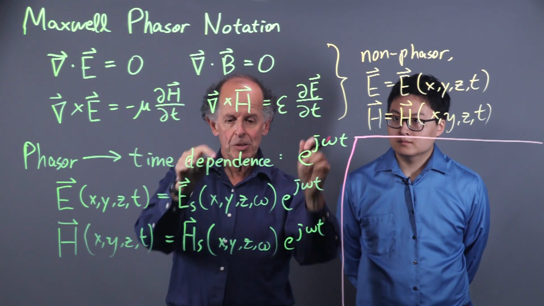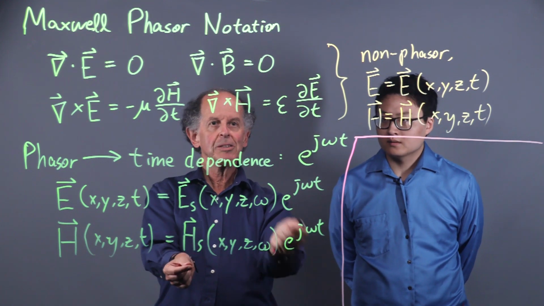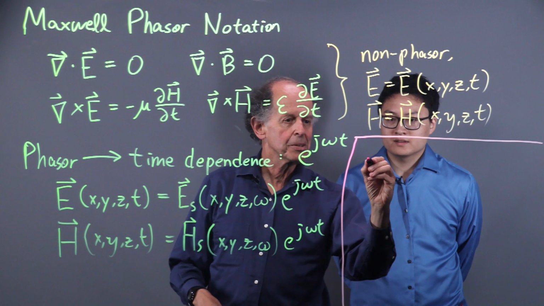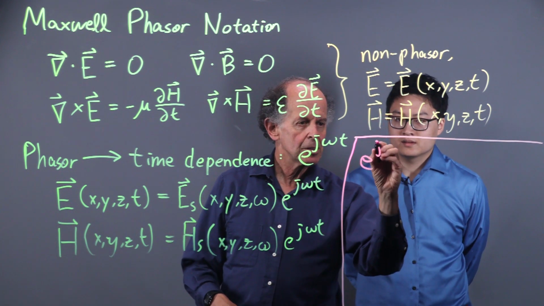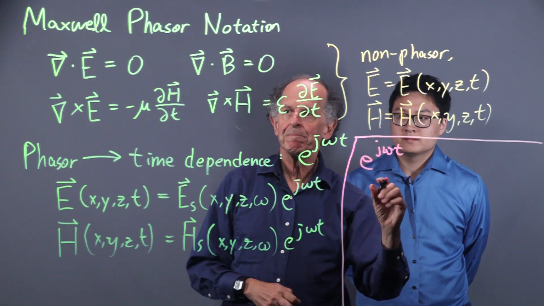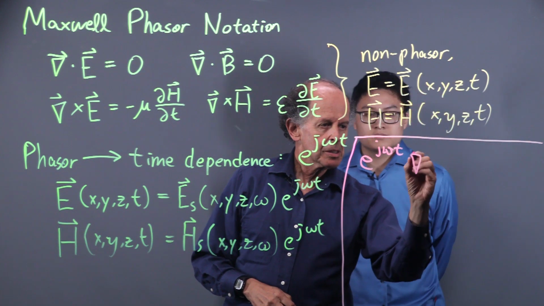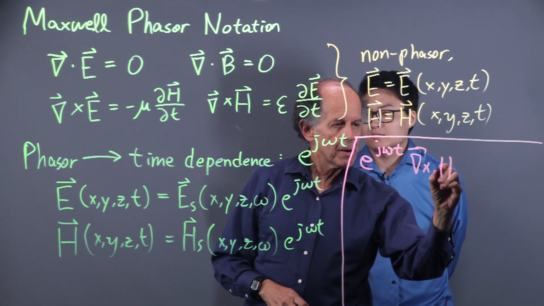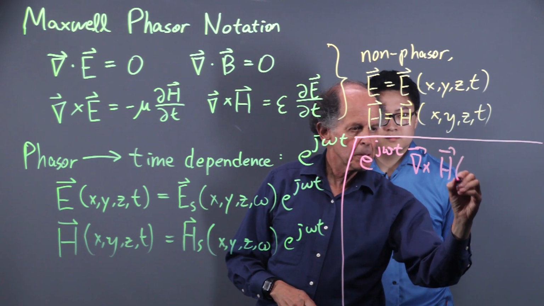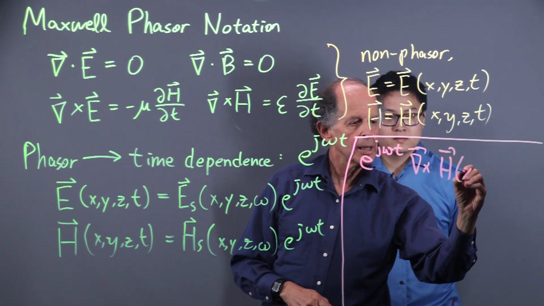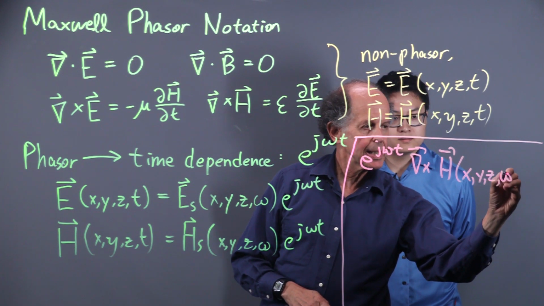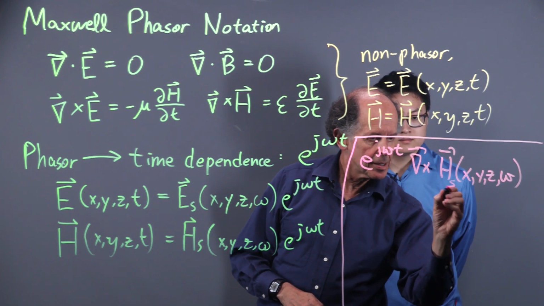So if we substitute this representation of H in here, I'll do the left side, you do the right side. We're going to get e to the j omega t times the curl of the spatial part of H, which is H depending on x, y, z, omega, and the s.